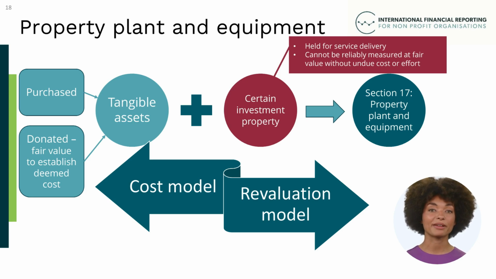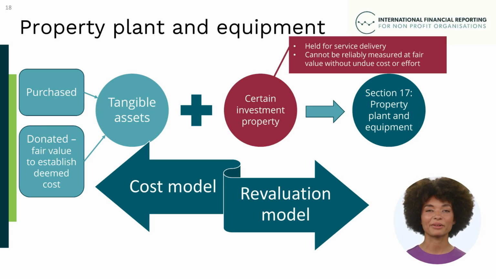It covers capitalization and depreciation. It applies to all tangible assets that are held for use in the activities of the NPO and are expected to be used during more than one reporting period. As previously discussed, this section also applies to investment property that is used for service delivery or whose fair value cannot be reliably measured without undue cost or effort.